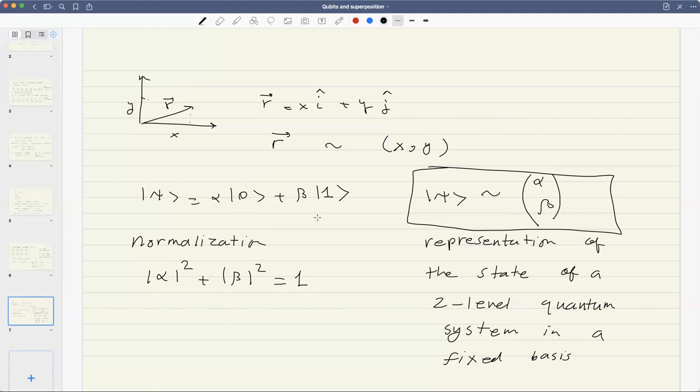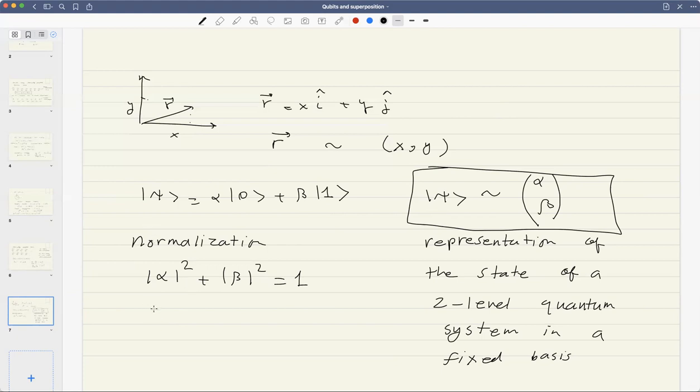So in the most general case, we're gonna need 4 real numbers to parameterize alpha and beta. This is one constraint that should reduce that number by 1. So the most general normalized state of a two-level system or a qubit must have three real numbers in it. So there's a very nice way to do that.